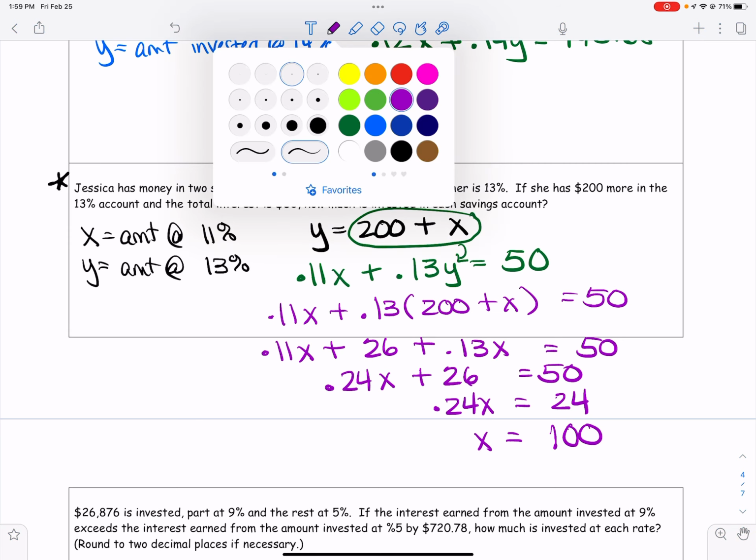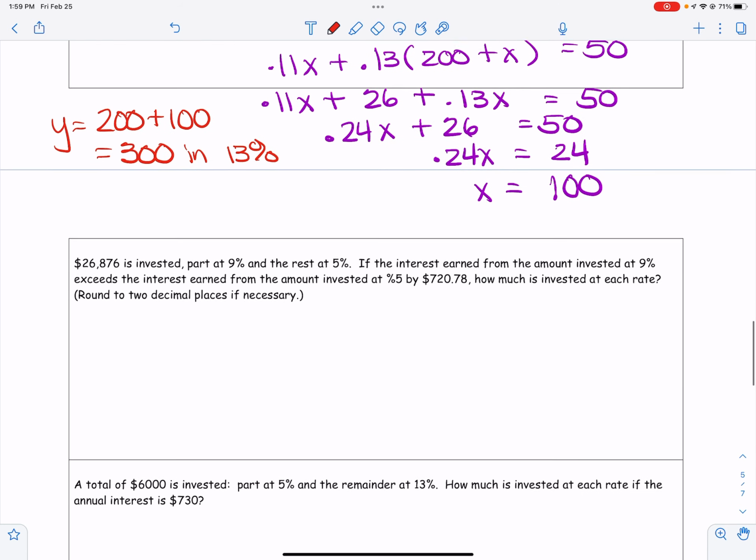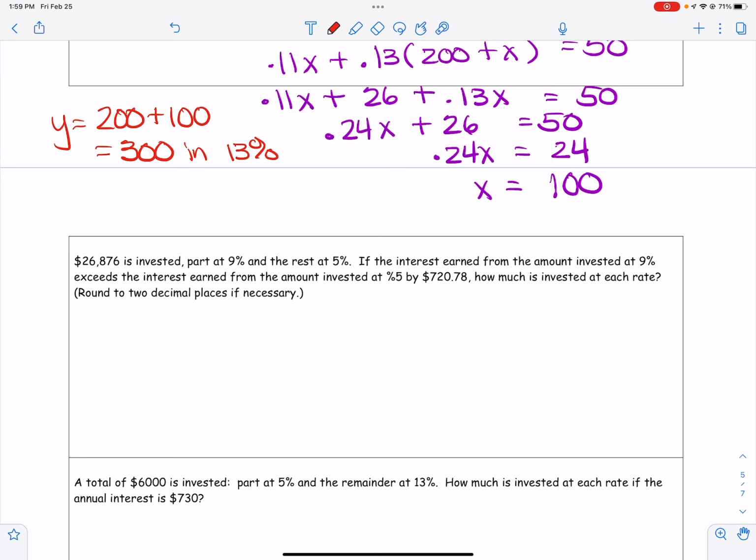Then we can figure out that she has $200 more, or $300, in the 13% account. Make sure you understand when to use substitution and when to use elimination, whichever is the easiest.